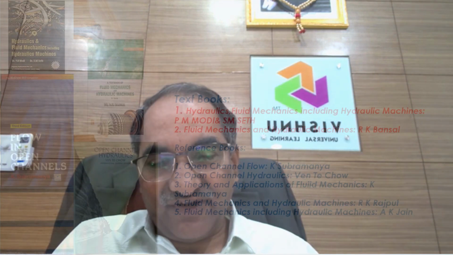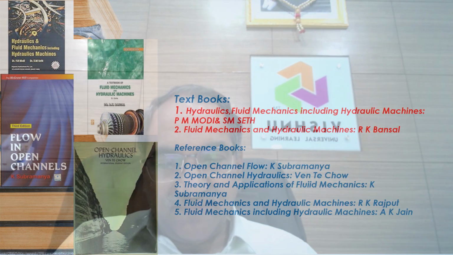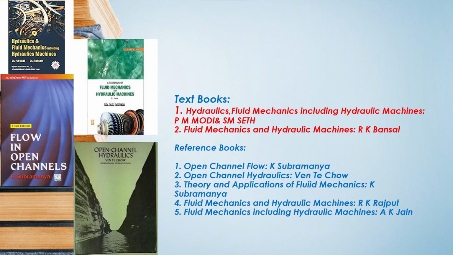If the specific energy is minimum, that flow is called critical flow. And what is the condition for that critical flow? Q square by g is equal to A cubed by T. And for rectangular channels, what is the condition for critical depth? yc is equal to q square by g whole to the power of 1 by 3. What is q there? It is capital Q divided by the width of the channel.